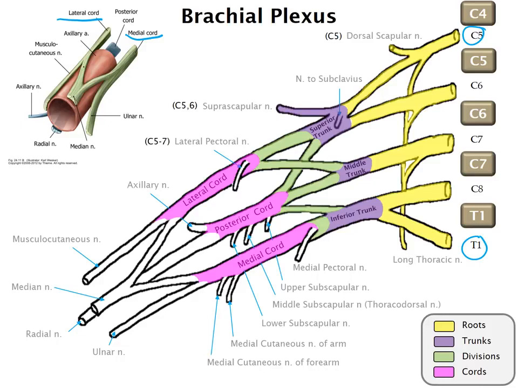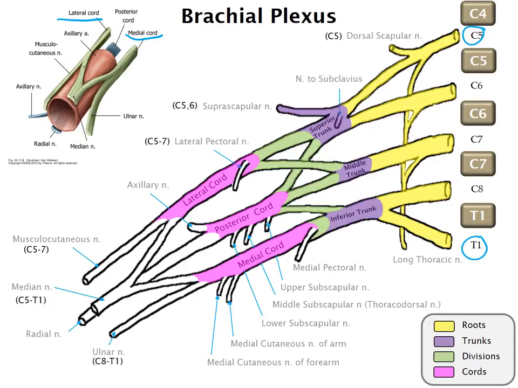Therefore, any terminal nerve originating from the lateral cord must also contain C5, C6, and C7 nerve fibers. The median nerve will contain all cord levels, C5 through T1, because it also receives contribution from the medial cord, which is derived from C8 and T1.